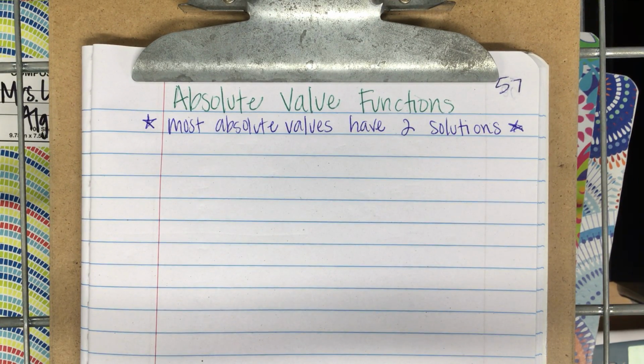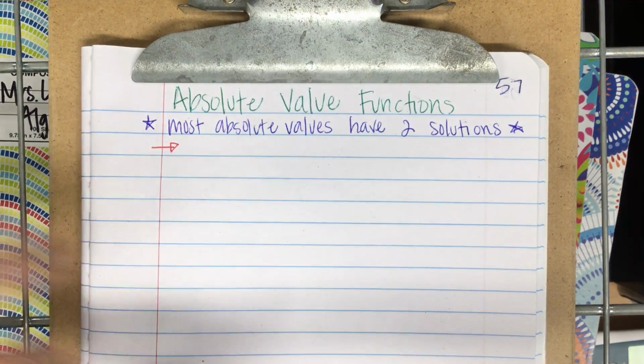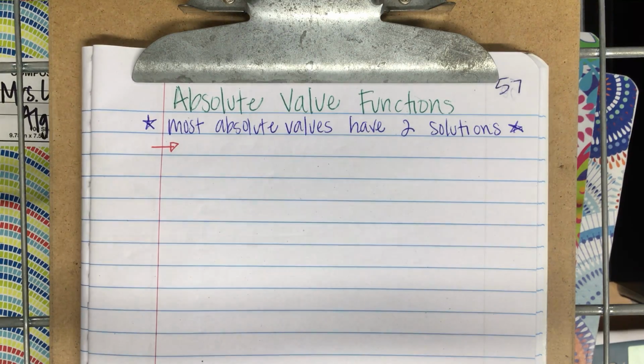We are going to be graphing today. So the shape we are looking for, it is not linear. If you think about it, if most parts have 2 answers, they're going to be across from each other, right?